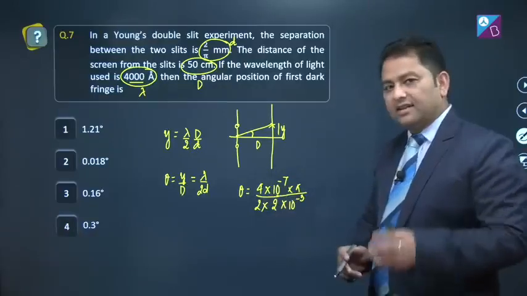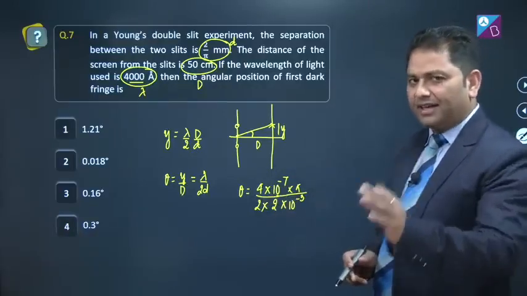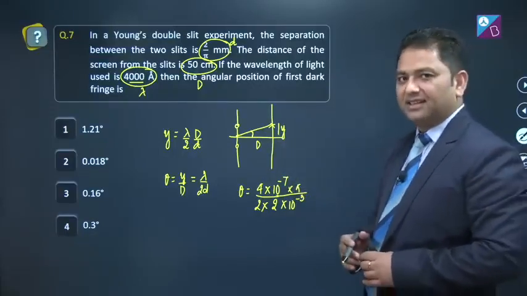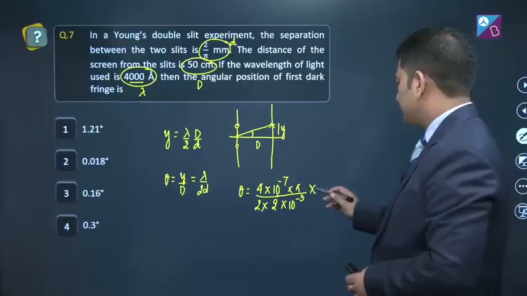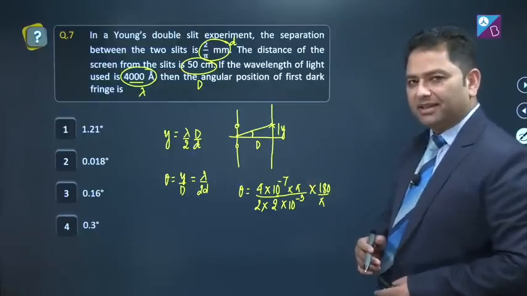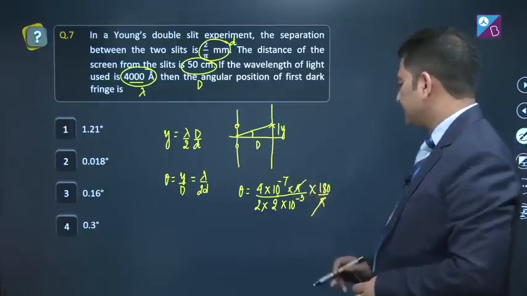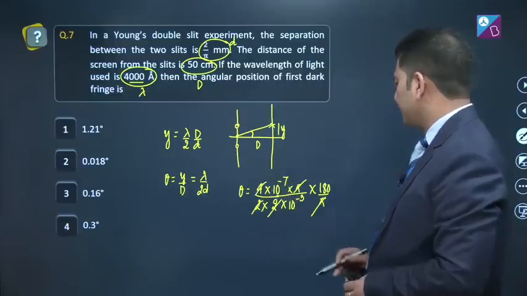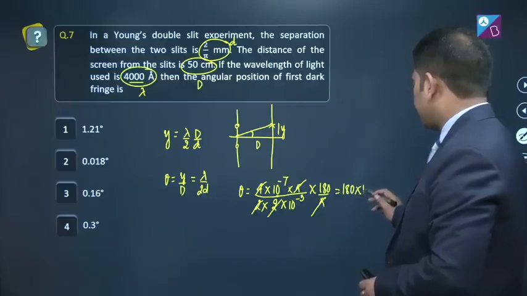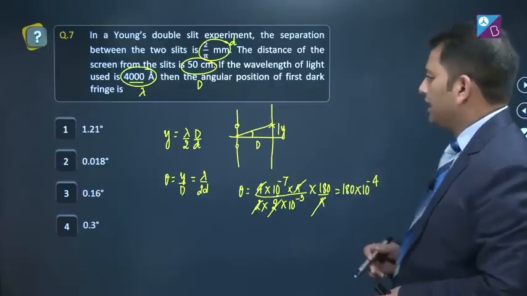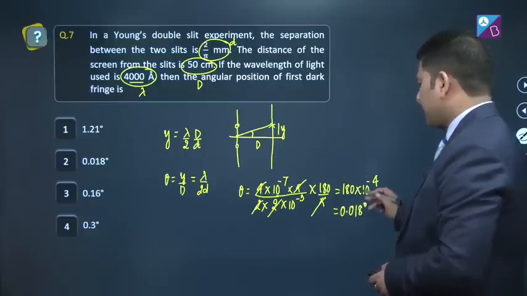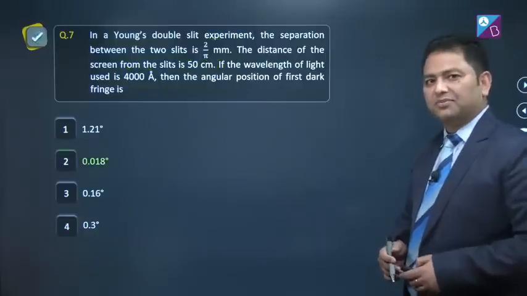Doing this, the unit of theta that comes is radian. But the options want the angular width in degrees. So no problem, just to convert this, that will be multiplied by 180 upon pi. This is what we do to convert radian into degree. So pi and pi get cancelled, and 2 and 4 get cancelled. So this becomes 180 multiplied by 10 raised to the power minus 4. Okay, so straightforward, this will be 0.018 degree. That means option number 2.